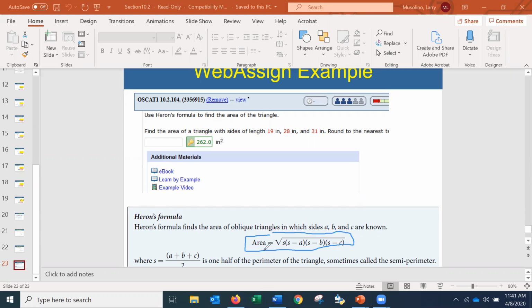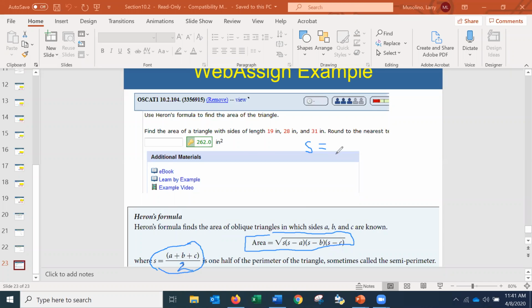We don't need any angles, but we do have to calculate S first. How do you find S? Here's the formula for S down here. So to find S, you add up the three sides and divide by 2.